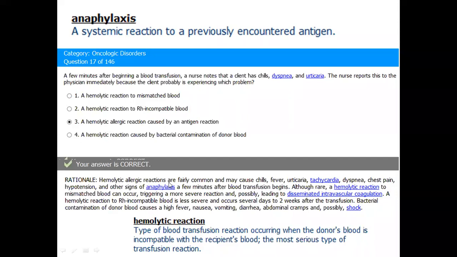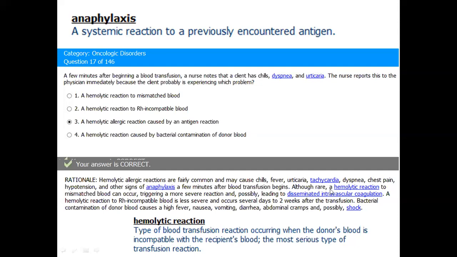Allergic reactions are fairly common and may cause chills, fever, urticaria, tachycardia, dyspnea, chest pain, hypotension, and other signs of anaphylaxis within a few minutes after the blood transfusion begins. But this question does not mention fever or tachycardia.